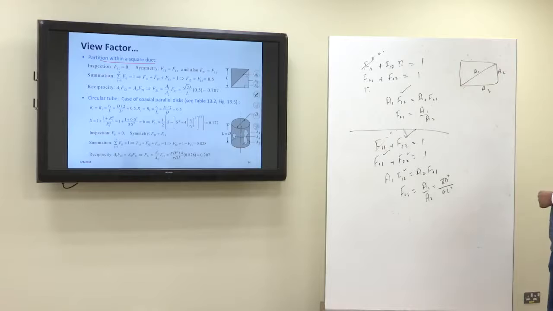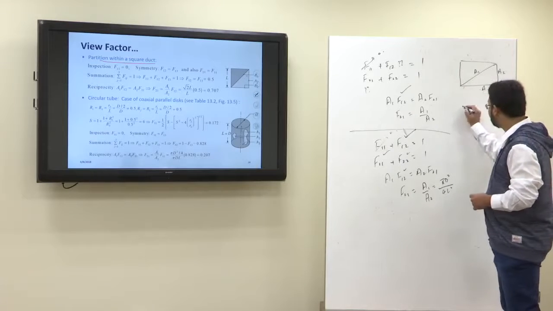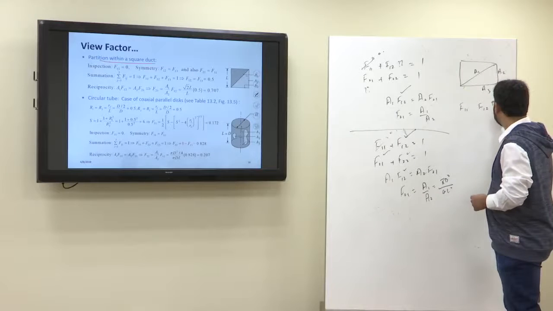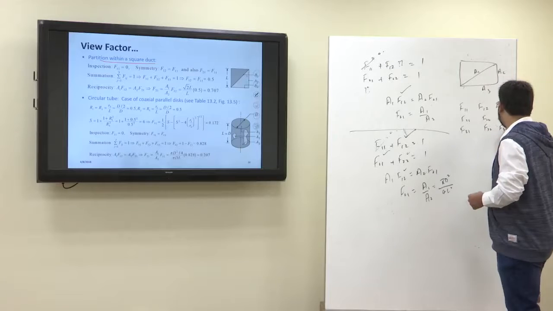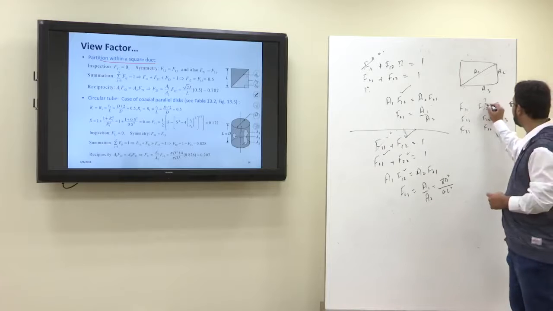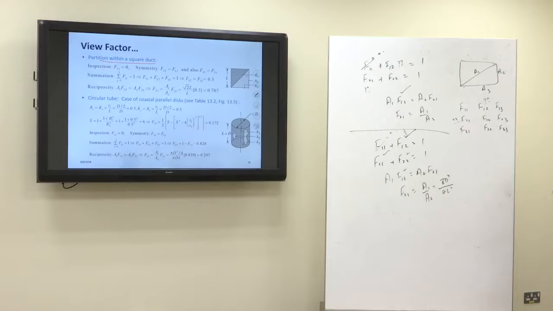If I have 3 surfaces, let's first make the matrix: F11, F12, F13, F21, F22, F23, F31, F32, F33. And what I need to know is F12 and F21. This is what I need to find out.